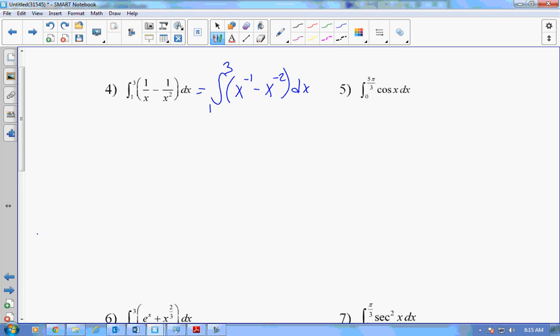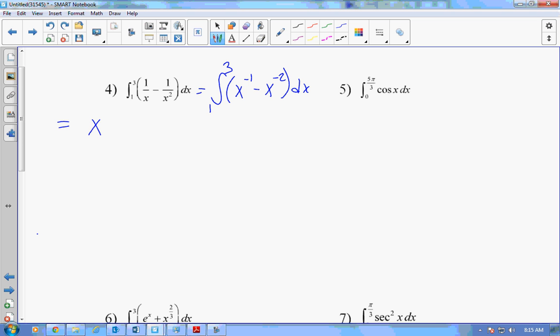These parentheses are important because it's length times width. The width is dx. The length is x to the negative 1 minus x to the negative 2. That has to all be in parentheses because all of it is times by the width, dx. You need those parentheses.